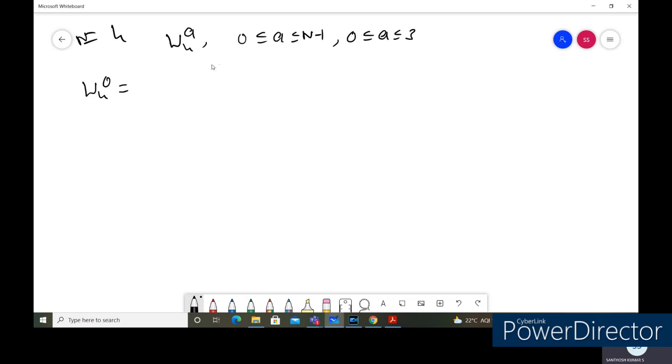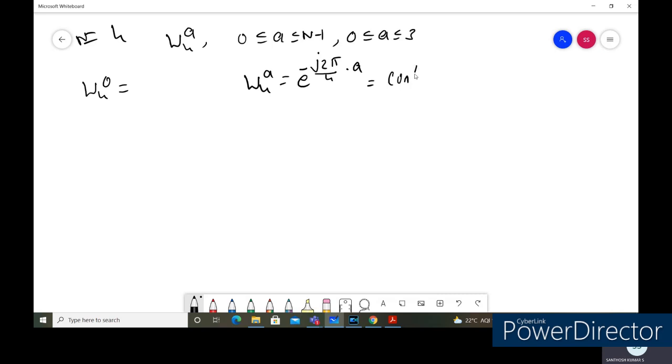In order to find the values, we can do it in two methods. One is expressing in terms of the exponential series, and that exponential series we can express in terms of the cos and sine function. Let us do that one. The general form: omega 4 to the power of a, I can express as e to the power of minus j 2 pi divided by 4 into a.